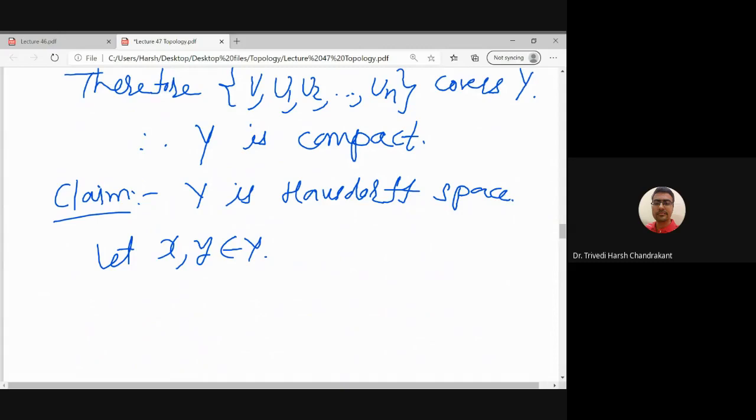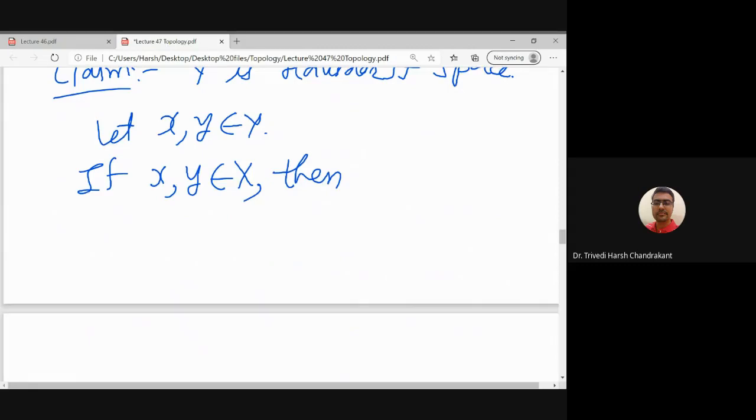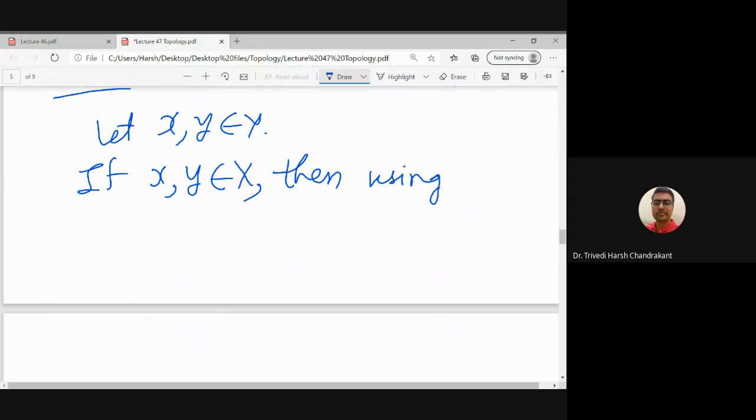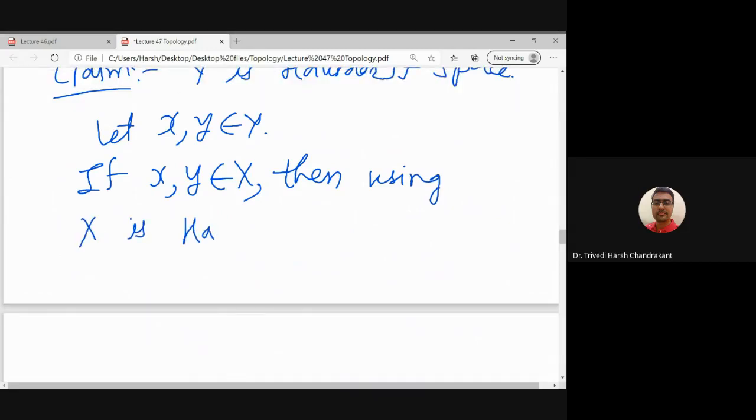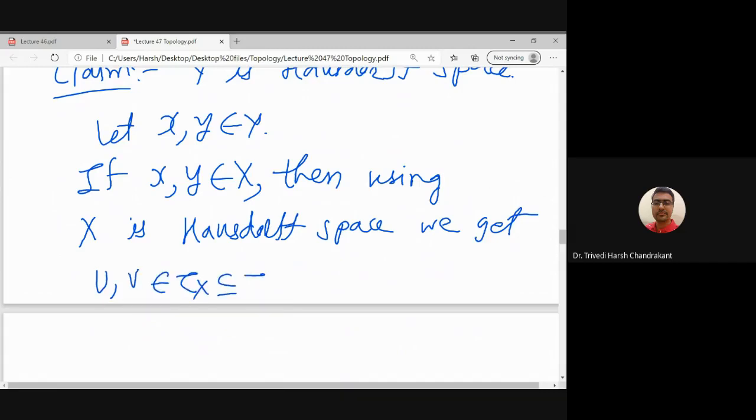The first case is that x, y belong to X. In that case, using X's Hausdorff property, we get two open sets in tau X, which is a subset of tau infinity.